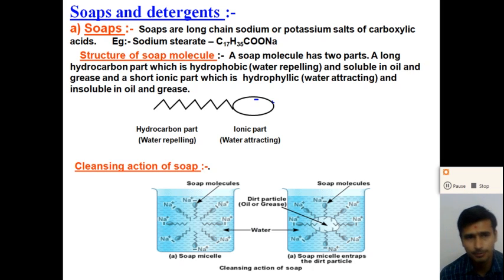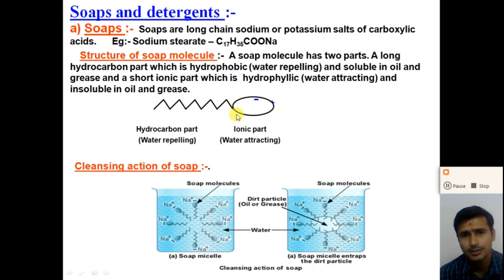And the hydrophobic part of the soap molecule is soluble in oil and grease. The long part is a chain of carbon and hydrogen. So the long hydrocarbon part is the hydrophobic part, right? This hydrophobic part is water repelling. It is repelled by the water molecule.